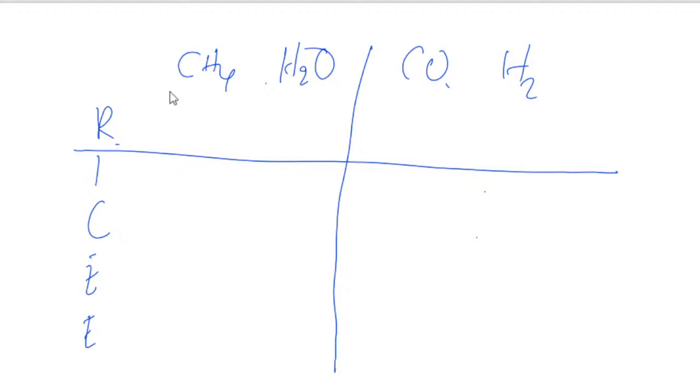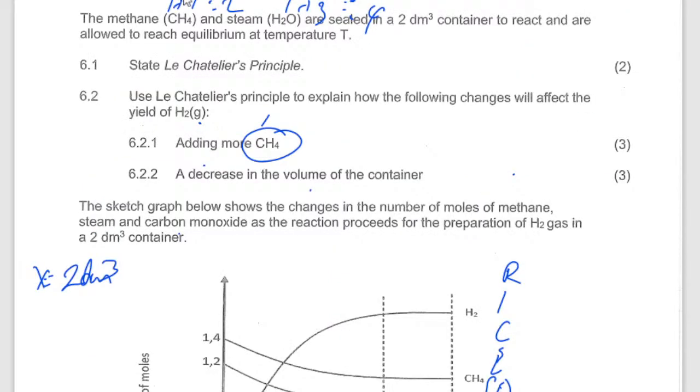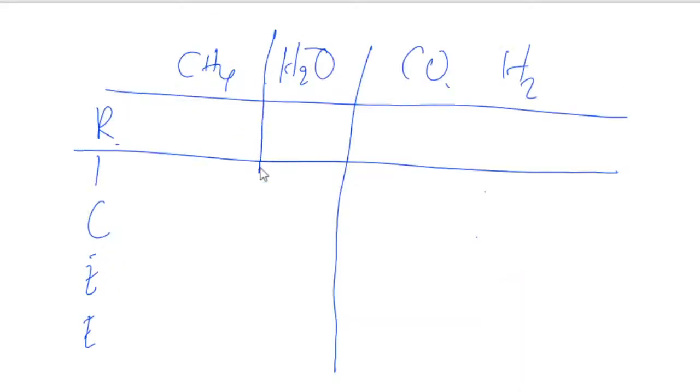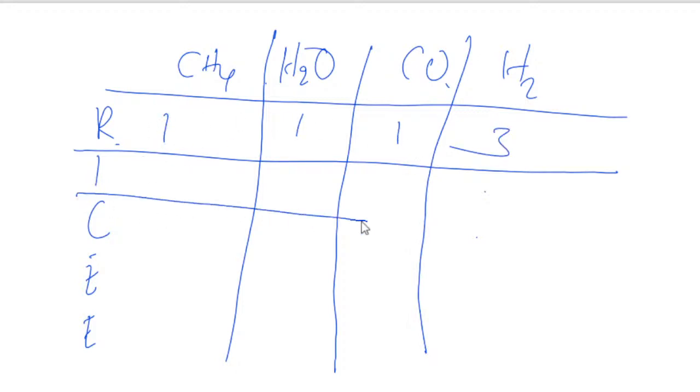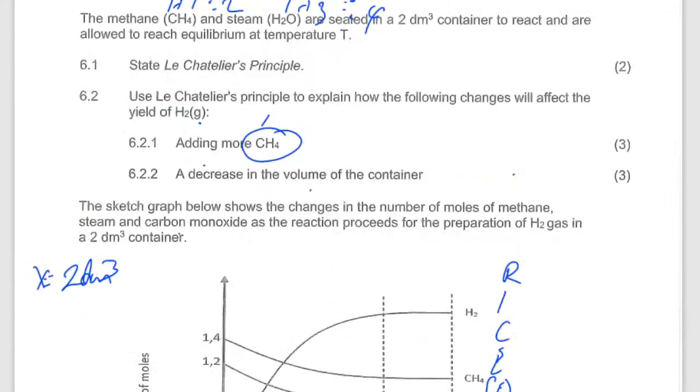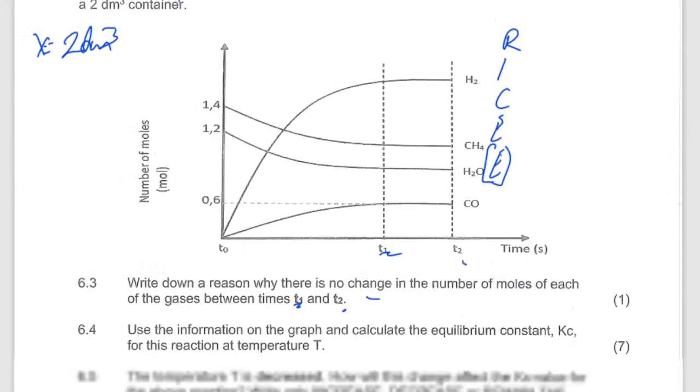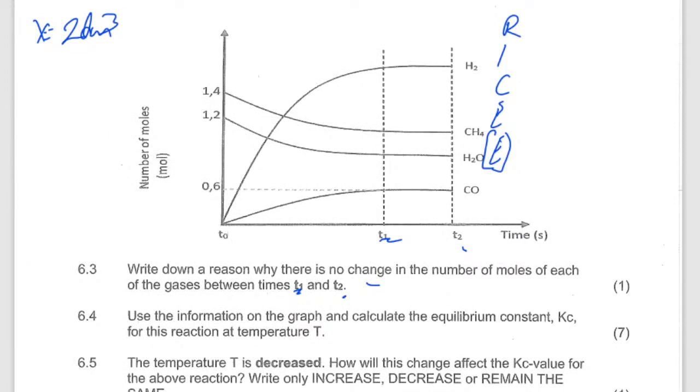But what is the ratio of this? Methane is 1, 1, 1, 3. So the initial amount, based on this graph, you'll see that the products start from 0.